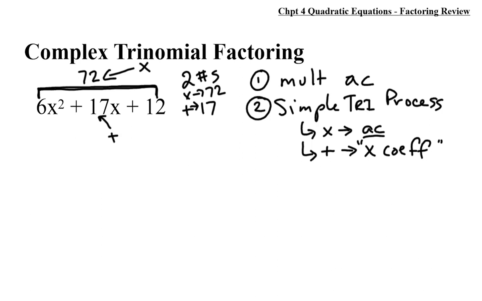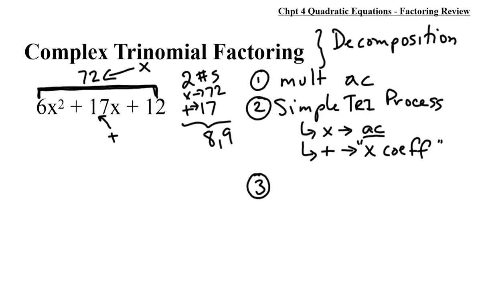Same kind of idea of what we just did with simple trinomials, but that initial first step of multiplying 6 times 12. So what two numbers will multiply to 72 and add to 17? Well, it's 8 and 9. So now that we have the combination, this whole process for complex trinomial is called decomposition.